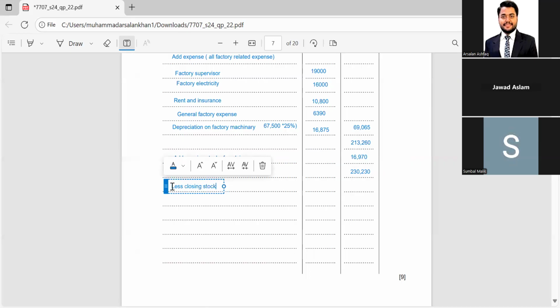Less closing stock of work in progress. The closing stock of work in progress is how much? In adjustment number one, it is 17,682.